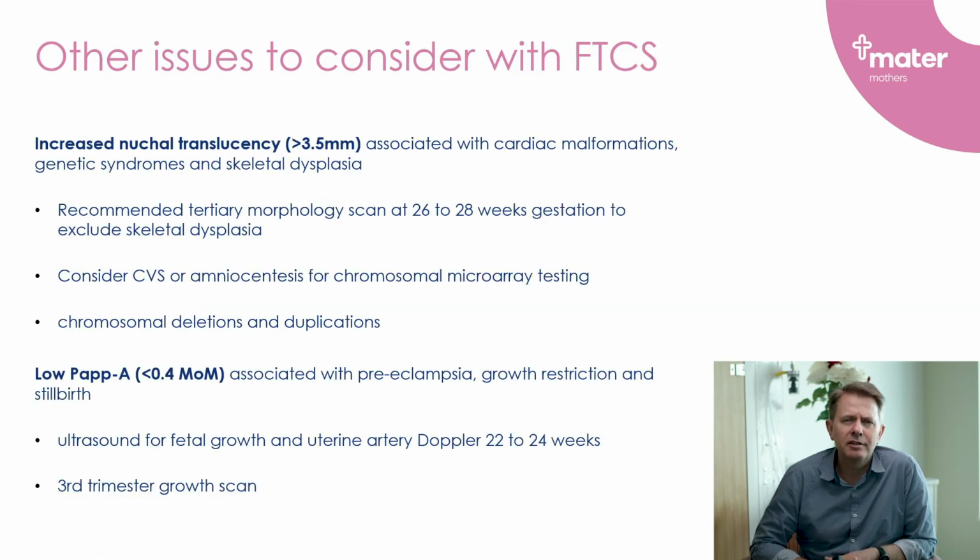Other issues to consider with the first trimester combined screen are that if the nuchal translucency is increased, 3.5 millimeters or more, there may be a risk of a cardiac malformation. If there is a low PAPP-A, less than 0.4 multiples of the median, we recommend review of those patients at 24 weeks through maternal fetal medicine, because there is an increased risk of preeclampsia and fetal growth restriction.